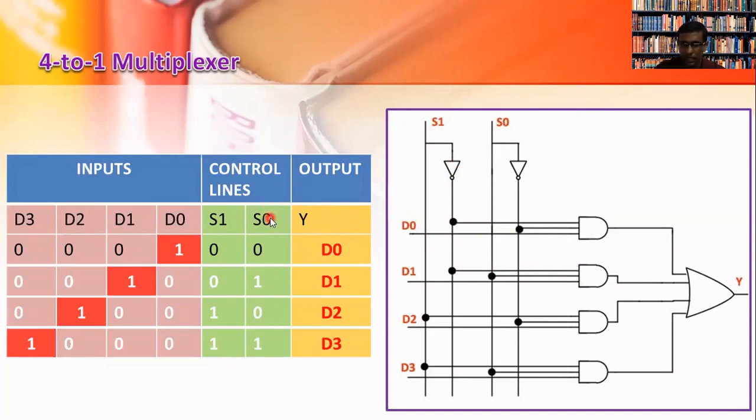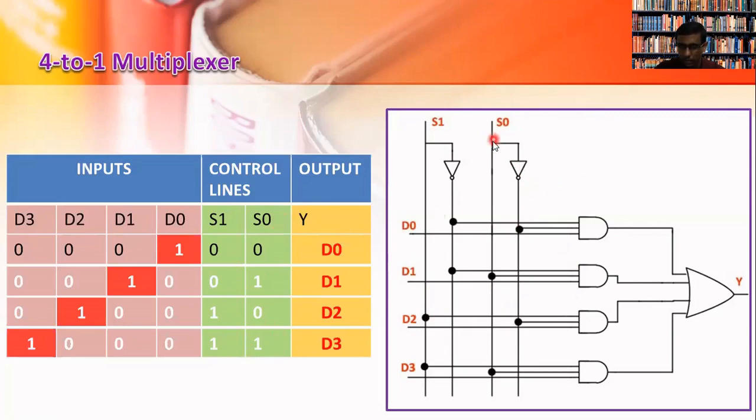Next case, S0 is 0 and S1 is 1. Whenever we see 0, we are taking it from NOT gate. Therefore, S0, we are taking from NOT gate. S1, 1, we are taking directly. In the last case, S0 is equal to 1 and S1 is equal to 1.